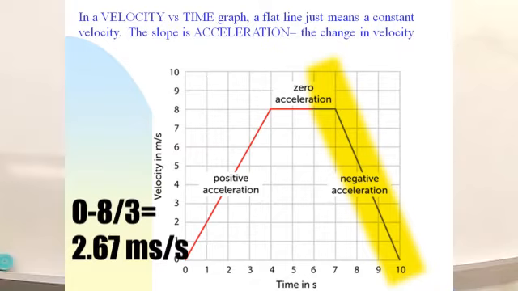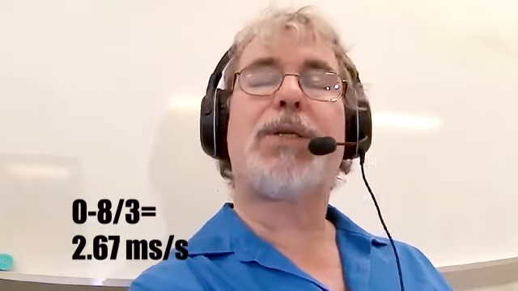So 0 minus 8, negative 8, divided by 3 is 2.66 meters per second per second. So yes, that is a faster acceleration than the initial acceleration, which was just 2 meters per second per second.